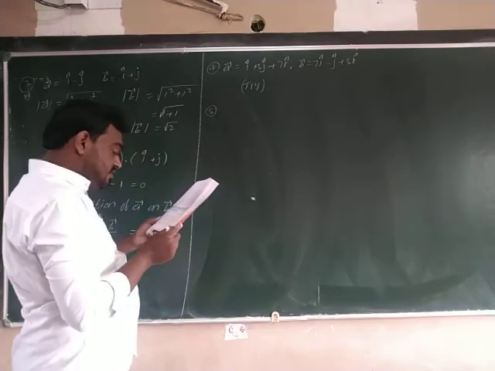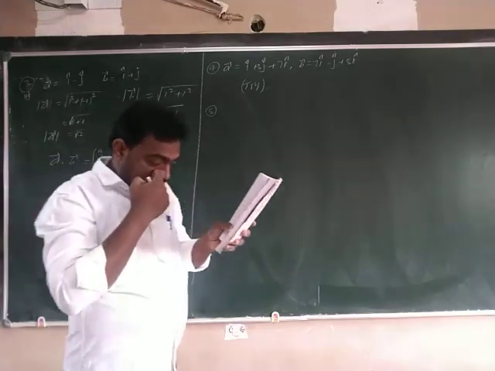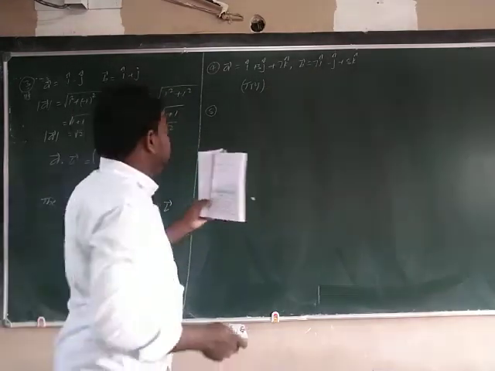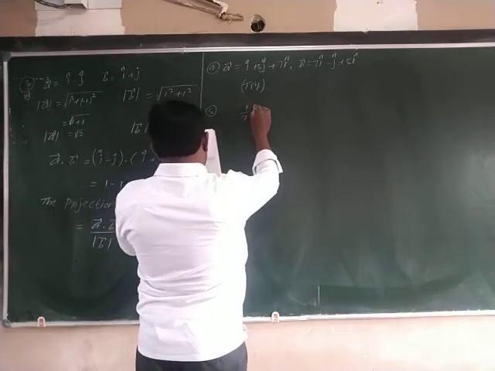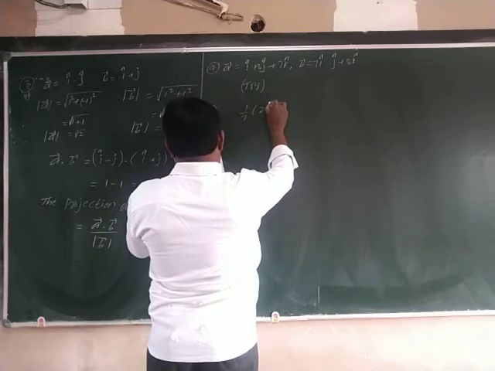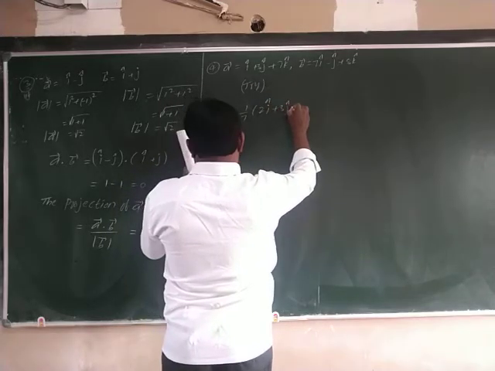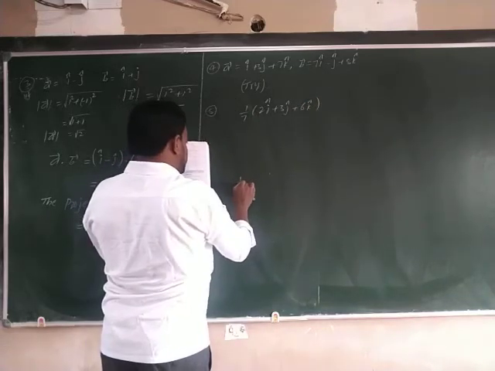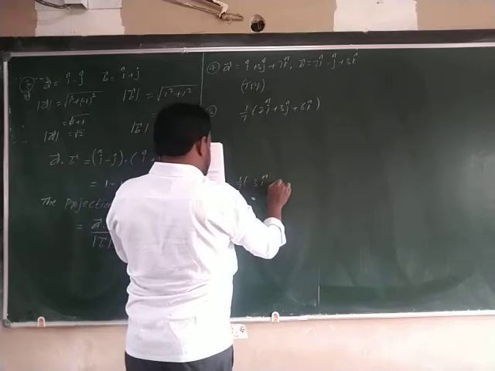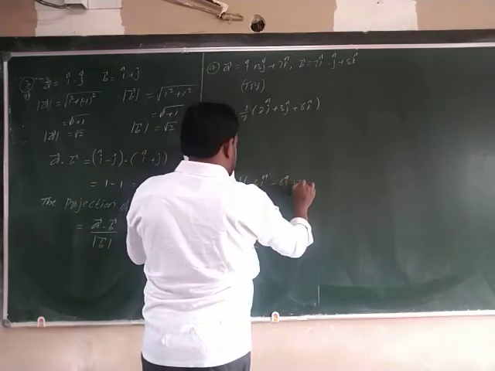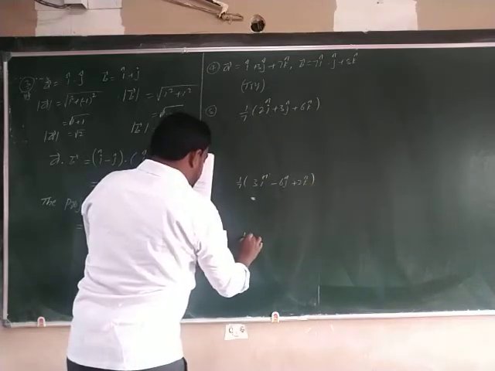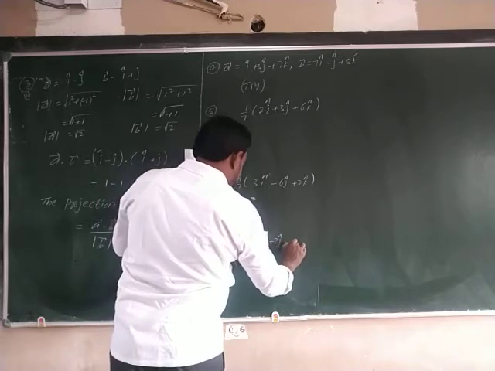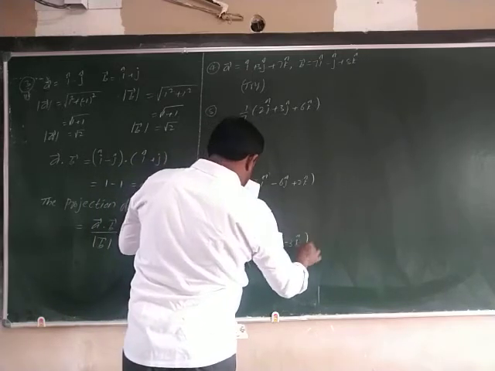Next, fifth question. Show that each of the given three vectors is a unit vector: 1 by 7 into (2i cap plus 3j cap plus 6k cap), 1 by 7 into (3i cap minus 6j cap plus 2k cap), and 1 by 7 into (6i cap plus 2j cap minus 3k cap).